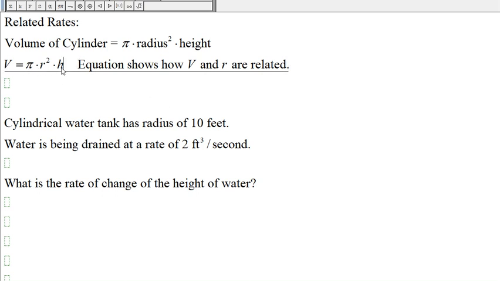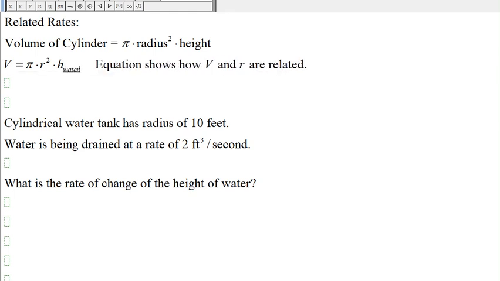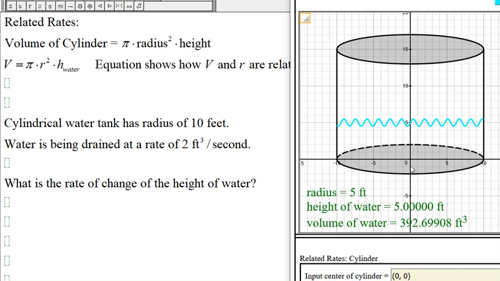And so to get the rate of change of the height, let's go ahead and add water here so we know that this is the height of the water and not the height of the cylinder. The height of the cylinder is 15, and it's fixed at 15.